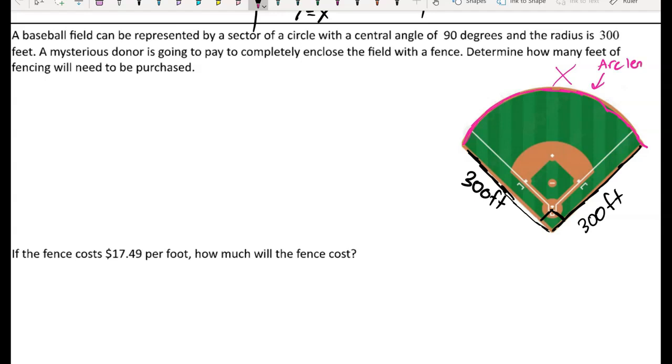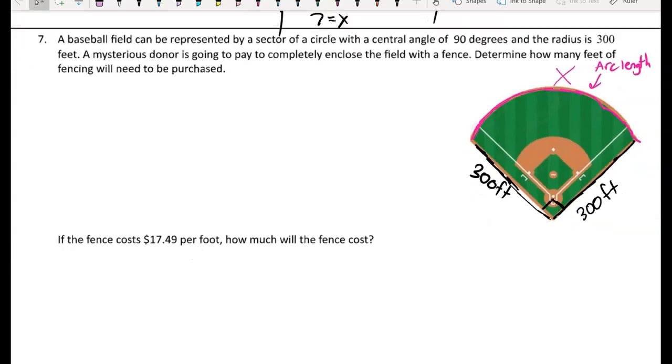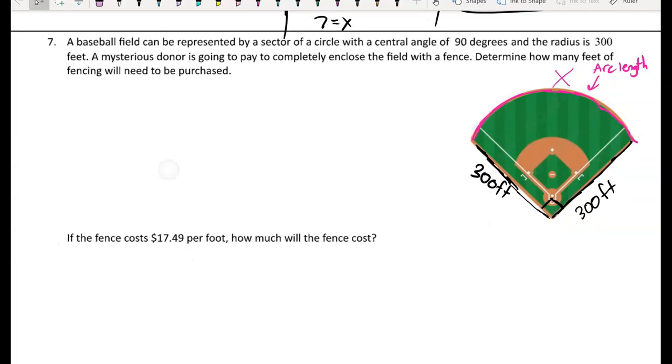That's called the arc length. And we have a proportion we could set up to solve for the arc length. We could take the central angle, divide it by 360, and set that equal to my arc length, divided by the full circumference of my circle.